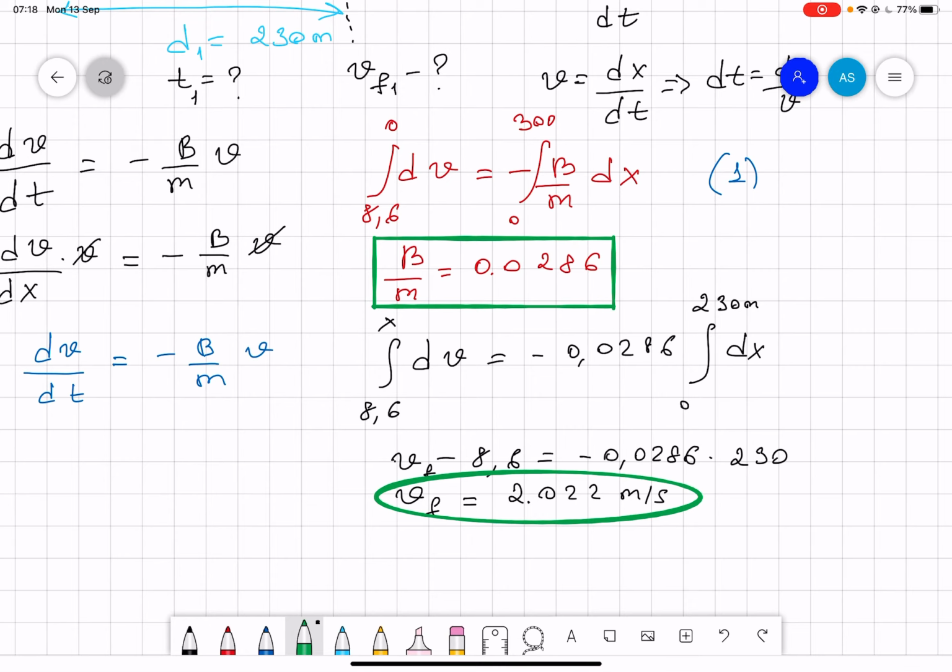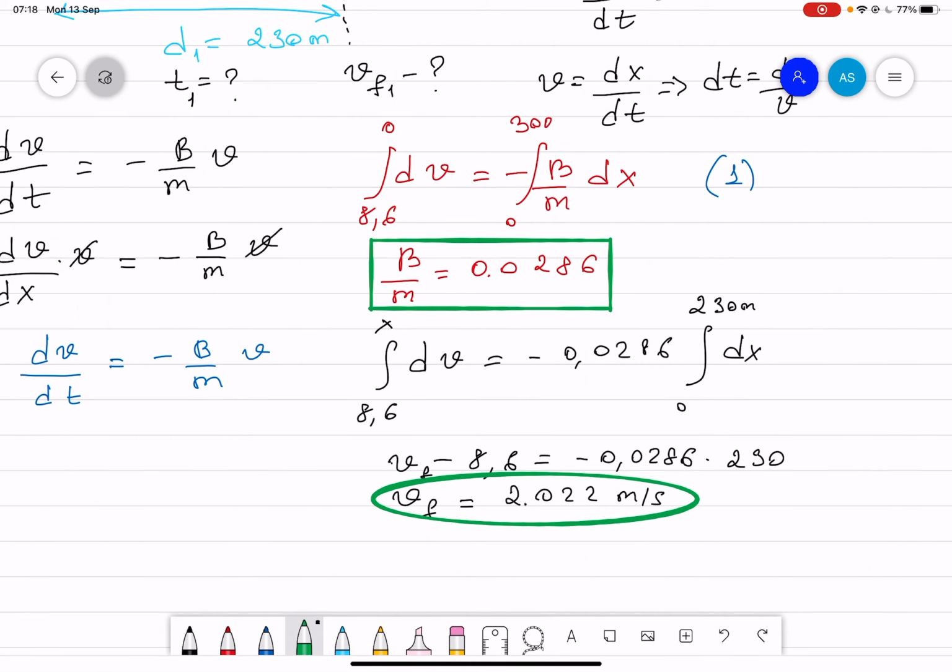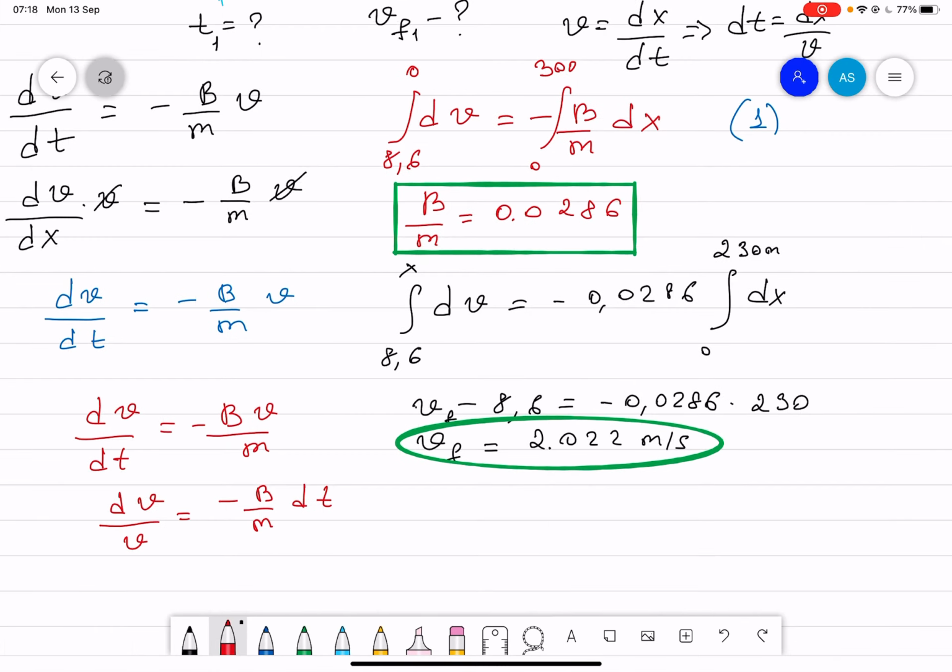Then we're going to go back and use the equation where dv over dt was equal to minus b over m times v, right? Then from there we can make a cross multiplication: dv over v is equal to minus b over m dt. Then we integrate both sides so that we get ln v.